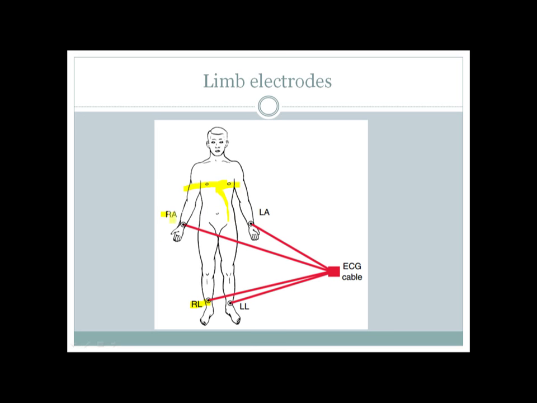So there is the right arm electrode, left arm electrode, and left leg electrode. They measure the electrical activity which is transmitted from the heart in all directions, and we create 6 limb leads from those 3 limb electrodes.